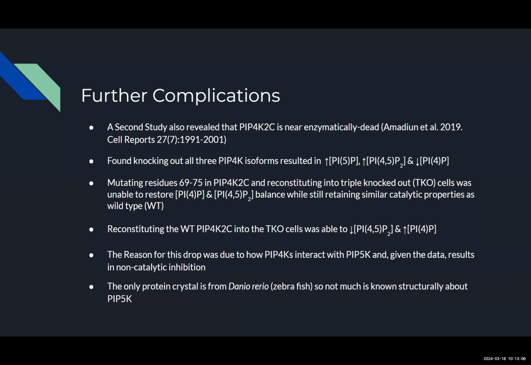Now, things are even more complicated. The second study confirmed the finding that PIP4K2C is enzymatically dead. However, it also found that knocking out all 3 PIP4K isoforms resulted in an increase of PI5P concentration, an increase of PI4,5P2 concentration, and a decrease of PI4P concentration, which seems weird on the surface. How can you have a product and substrate increase in concentration at the same time by knocking it out?